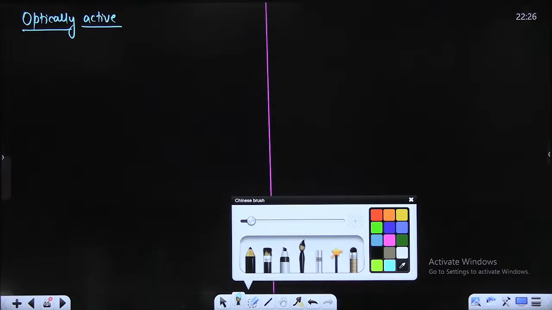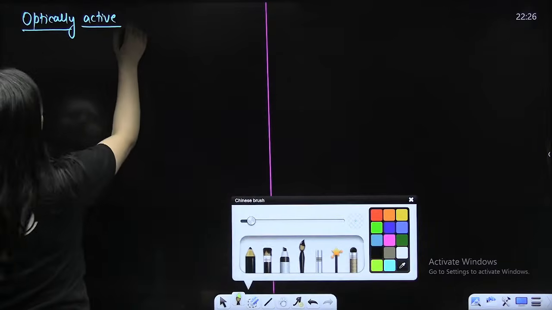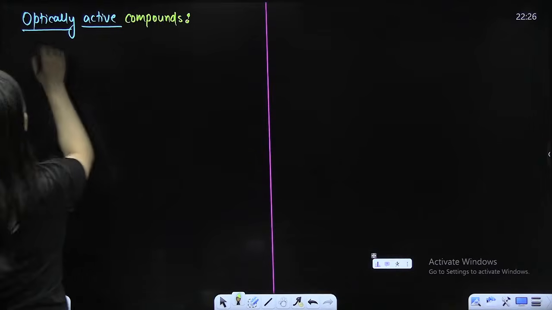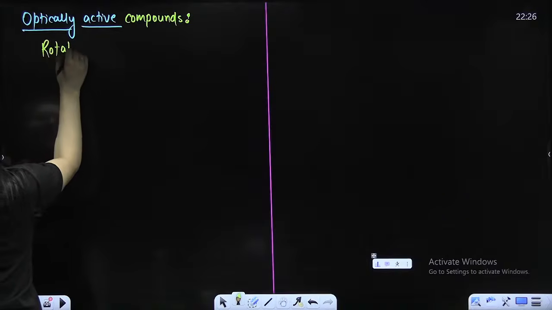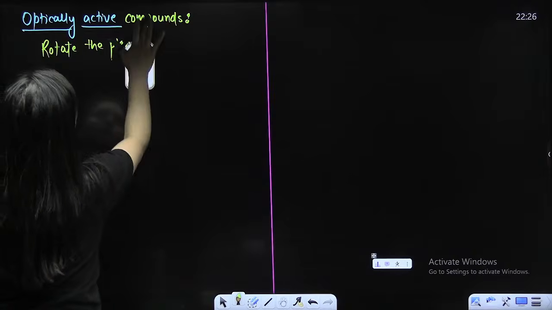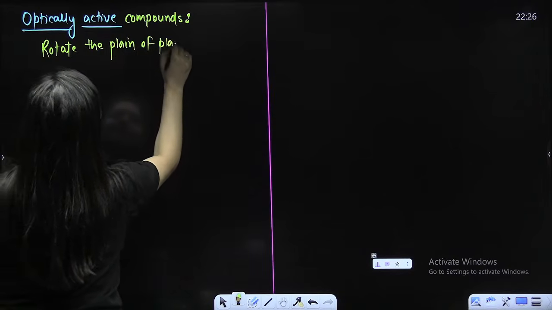So optically active compounds are those which can rotate the plane of plane polarized light.